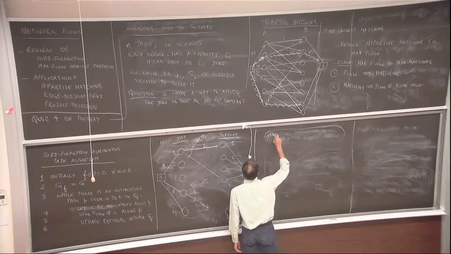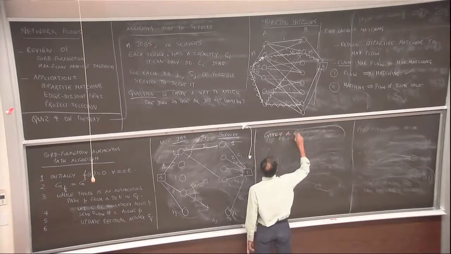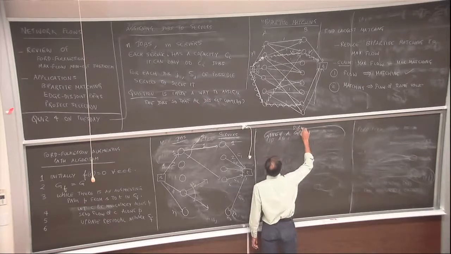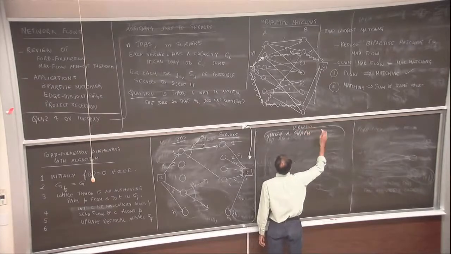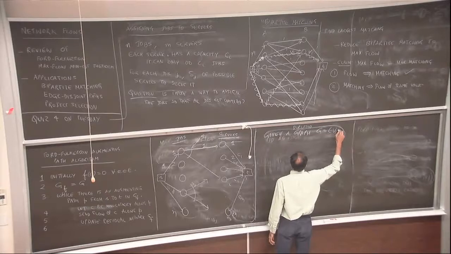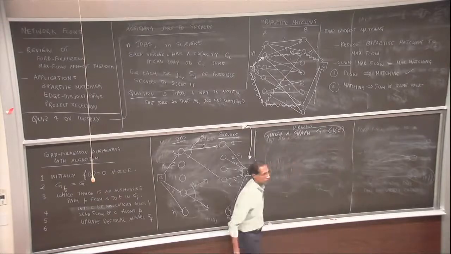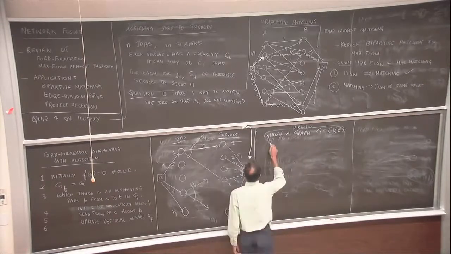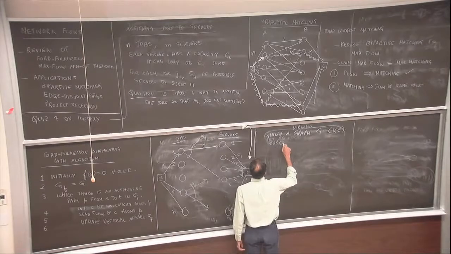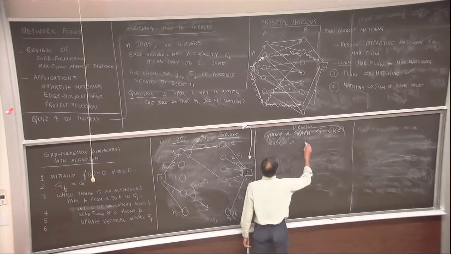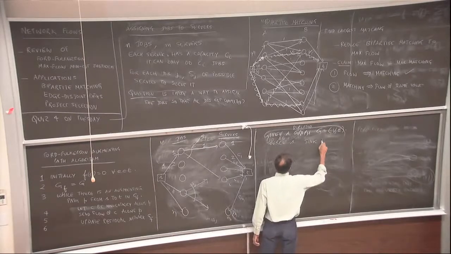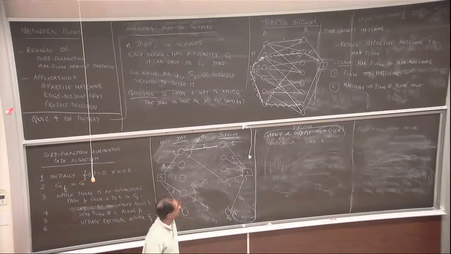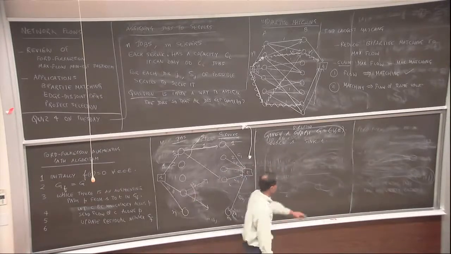You're given a directed graph G. Okay, and you're given a source S, and a destination T.